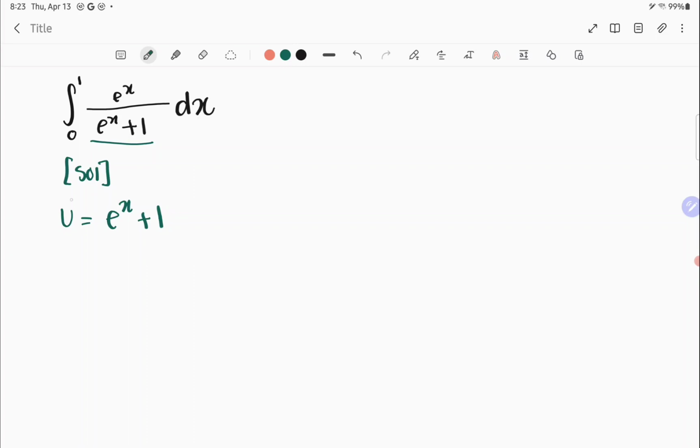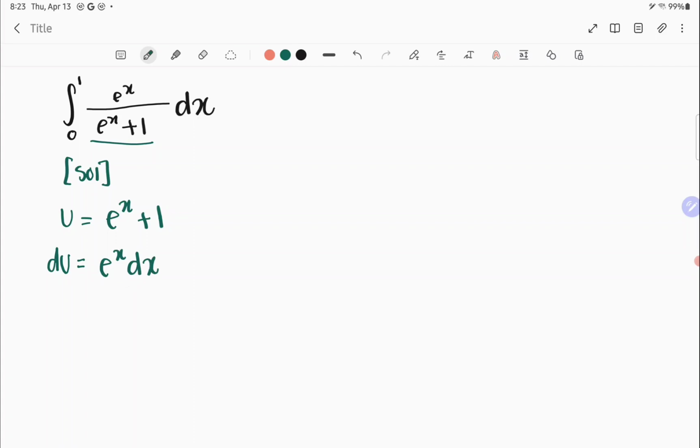So we can introduce a du by differentiating both sides, so we get du equals the derivative of e to the power of x, which is simply e to the power of x. The derivative of a constant is just 0, so then we just have du equals e to the power of x dx.